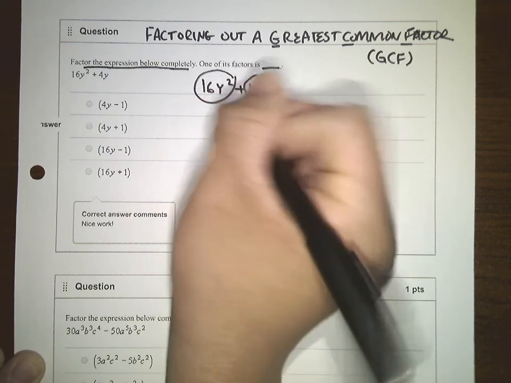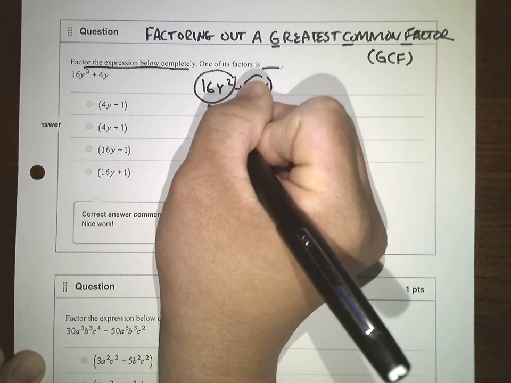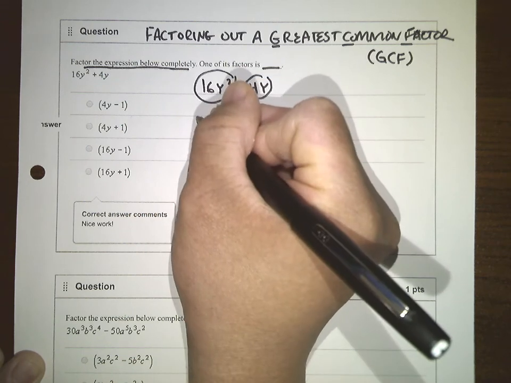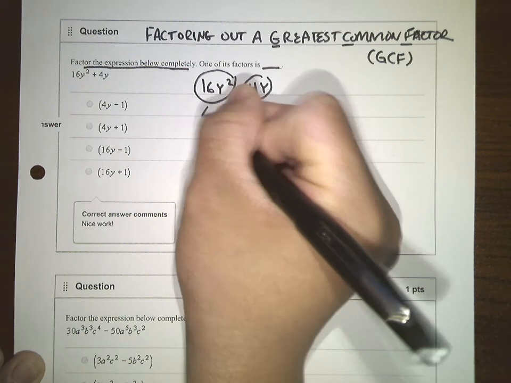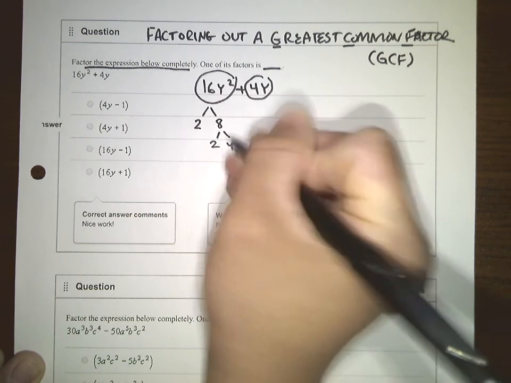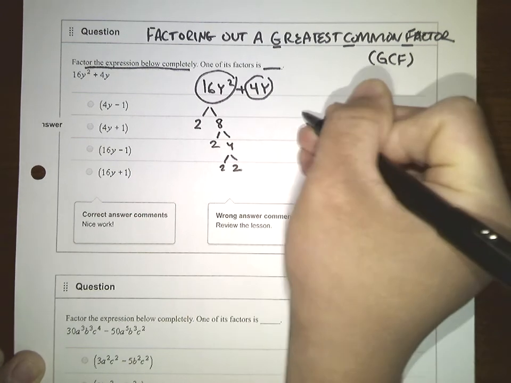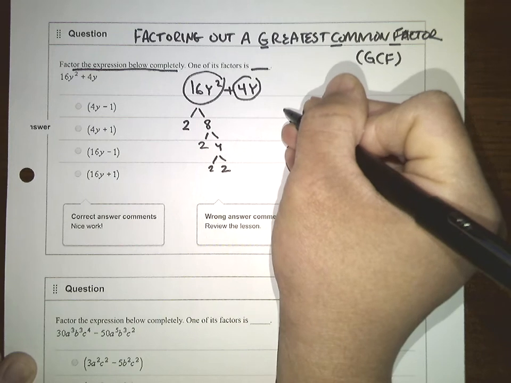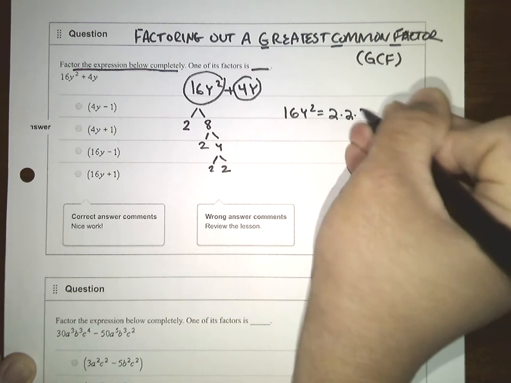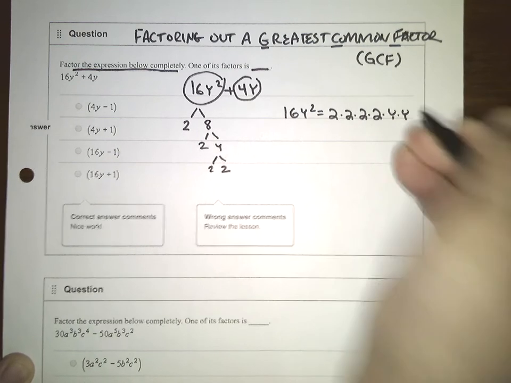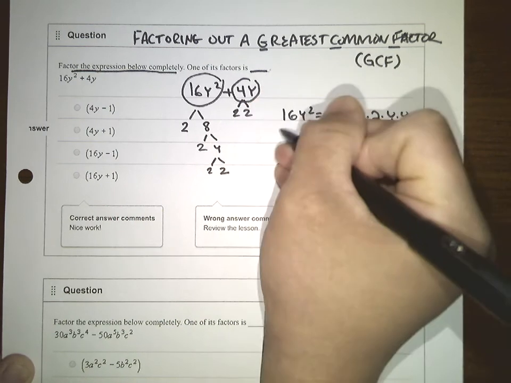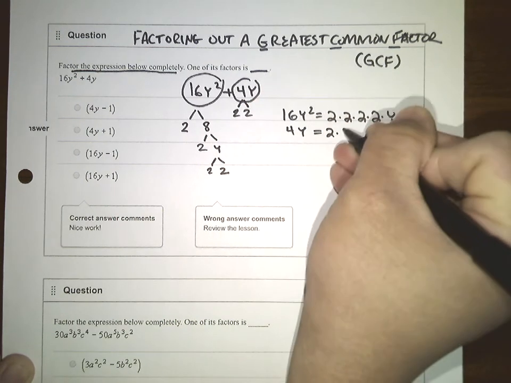So the 16y squared. 16 is 2 times 8, and 8 is 2 times 4, and 4 is 2 times 2. So 16y squared is 2 times 2 times 2 times 2 times y, and then 4y is 2 times 2 times y.